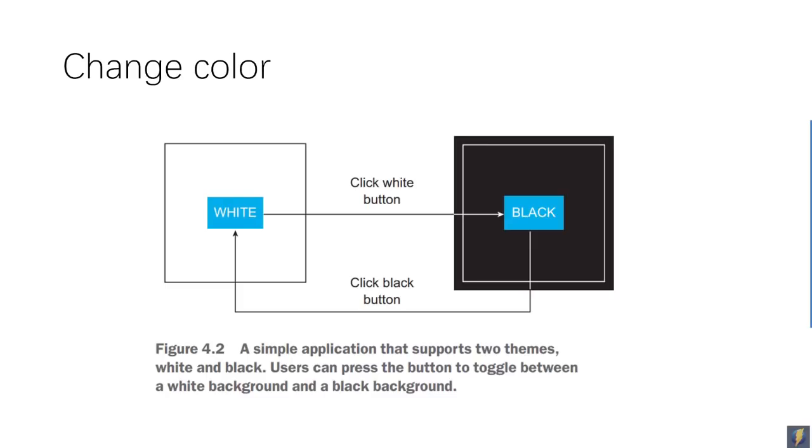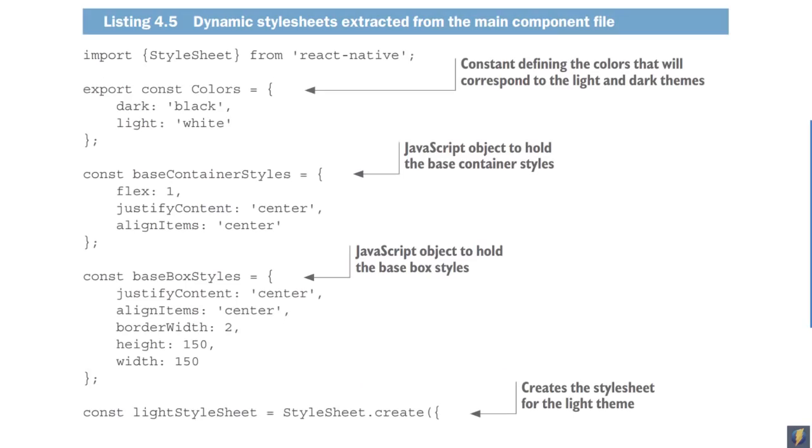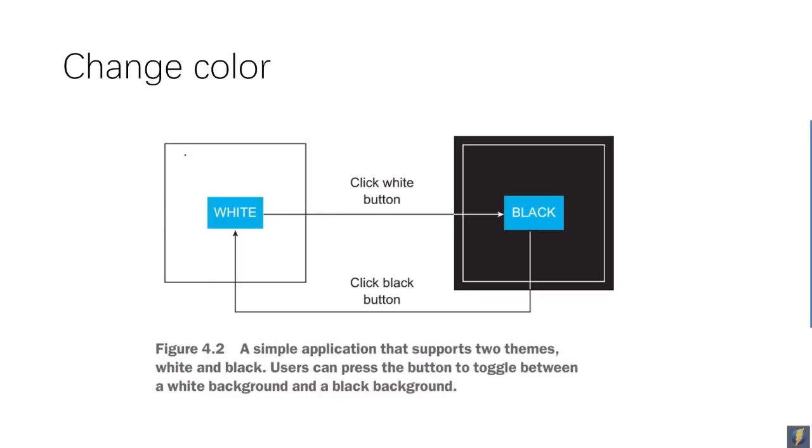But if some holiday is coming, the color of the website will be changed to a happy color. So this is very useful, and I will show you how to change the color dynamically.